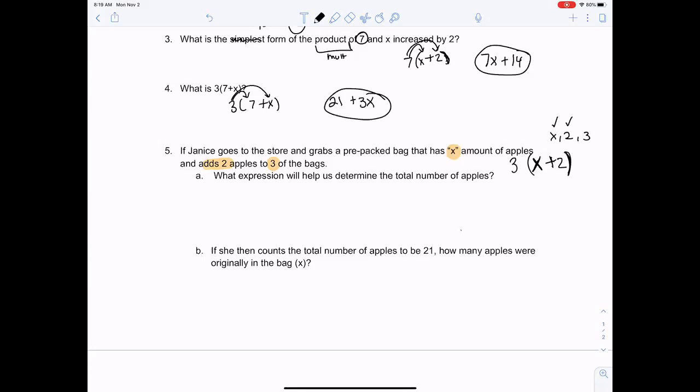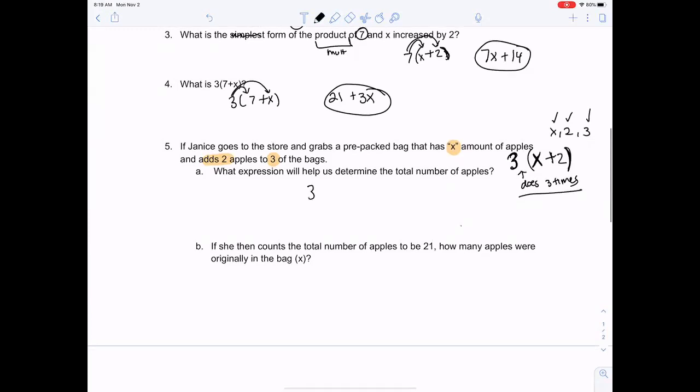So if she does this 3 times, we know that needs to be multiplied. And that's what this does. Putting a 3 outside of a parentheses tells us that she's doing it 3 times. So our expression is simply 3(x plus 2).